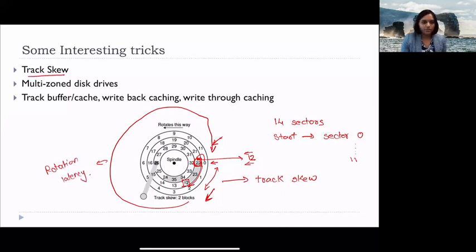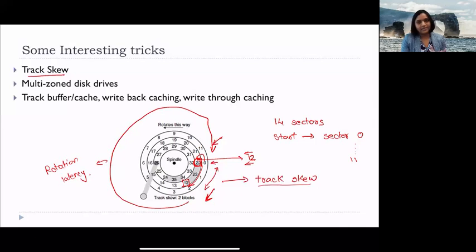So considering such minute, intricate features in the design, engineers came up over time with this idea of having track skew within the hard disk.